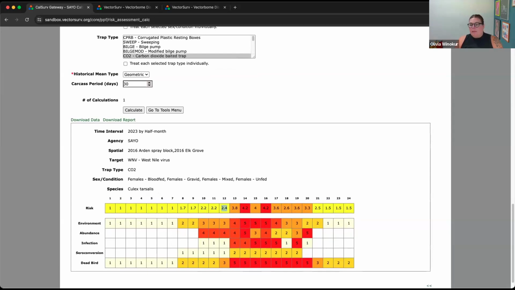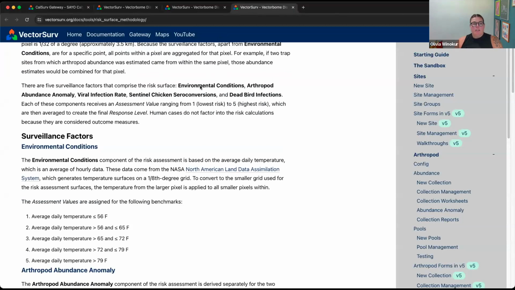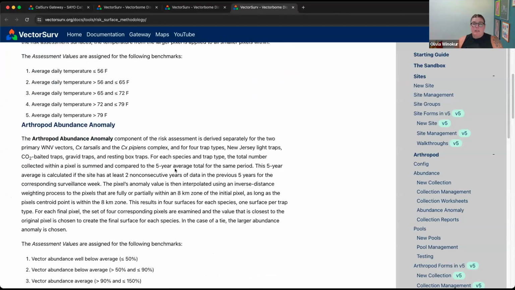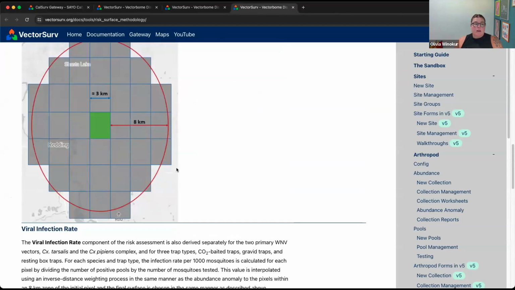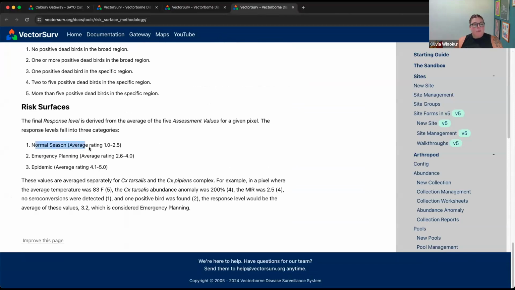On the risk assessment surface methodology, that's all laid out if you're interested in exactly what's going into that risk calculator and what it all means. Here's what those are: 1 to 2.5 is normal season, 2.6 to 4 is emergency planning, and above 4.1 to 5 is epidemic response level in California for those regions.